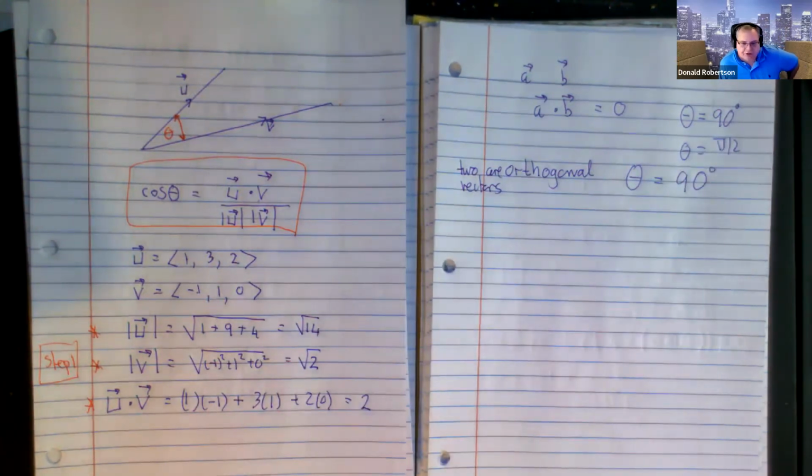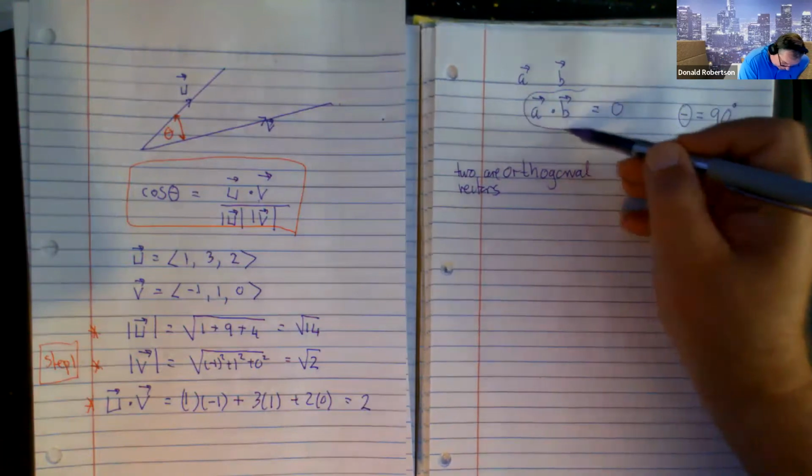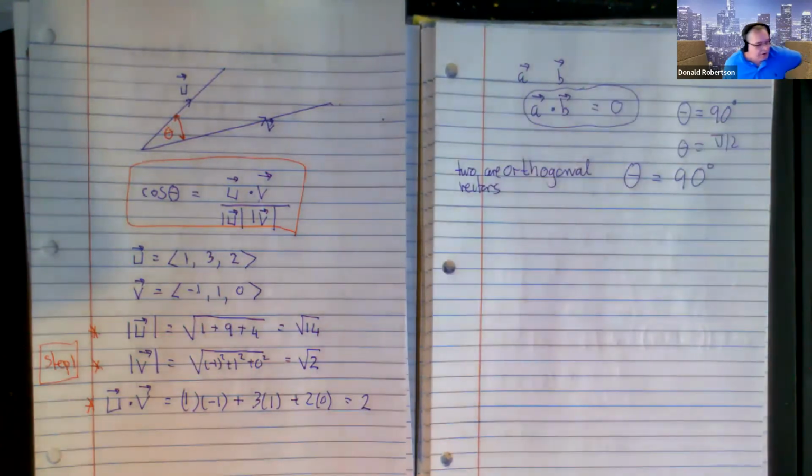So if they say to you, prove that these two vectors are orthogonal, what they're really saying is prove to me that the angle is 90 degrees. And the simple test for that is just find the dot product. If the dot product is 0, they're orthogonal, the angle is 90 degrees. If the dot product is any other number, it's not going to be orthogonal.